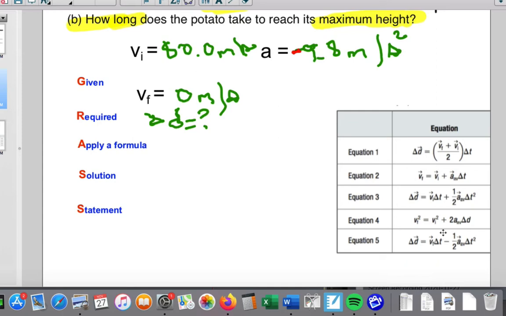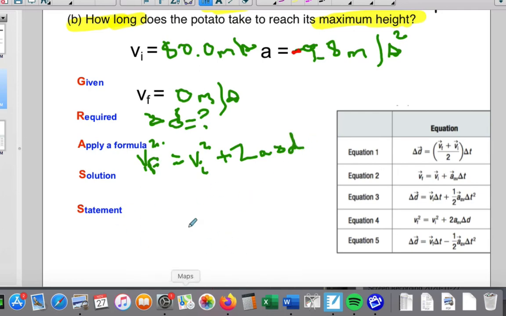So it's going to be VF squared is equal to VI squared plus 2 times acceleration times our delta D.